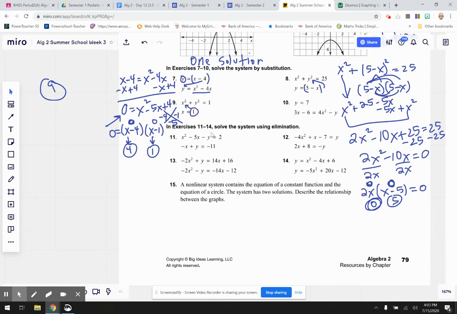And so I'm going to put 1 squared instead of x squared. So 1 squared plus y squared equals 1. Okay, so 1 squared is 1. So if I subtract 1 on both sides, y squared equals 0. If you square root that, y is still going to equal 0.